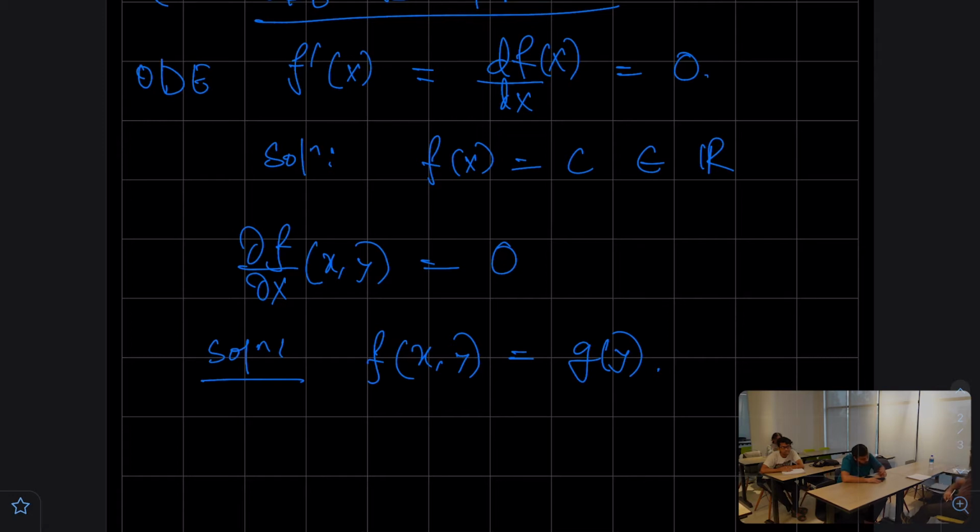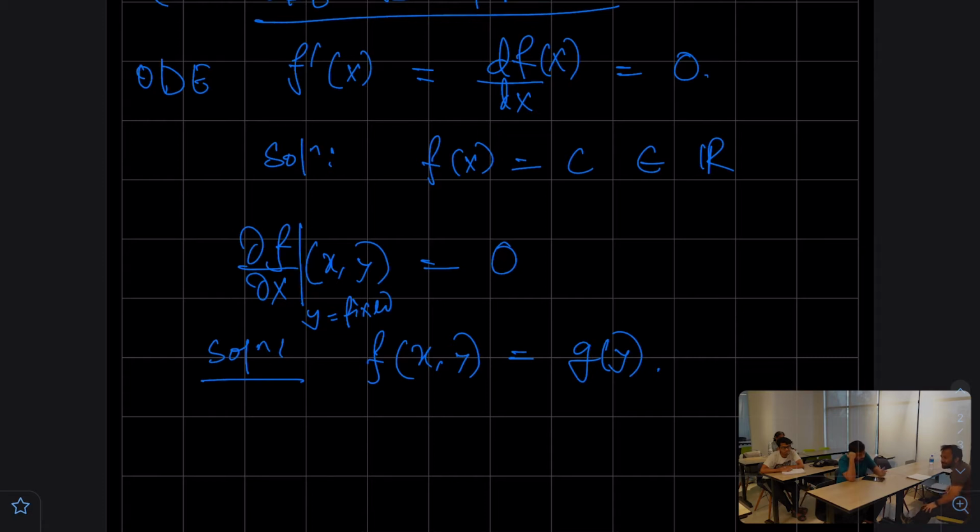For a PDE, you need to have more than one variable by definition. When you take a partial derivative, you always set one thing to be constant, keeping y fixed with respect to x. So the most general solution is some function of y.